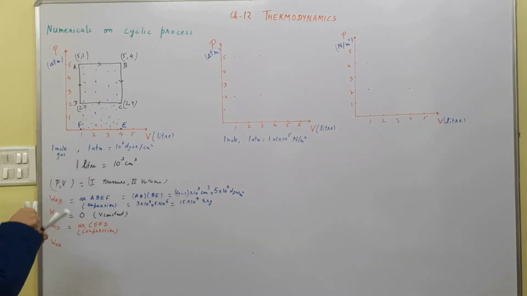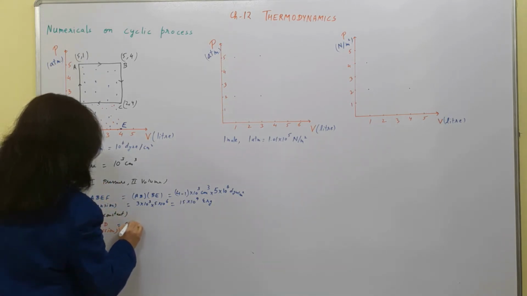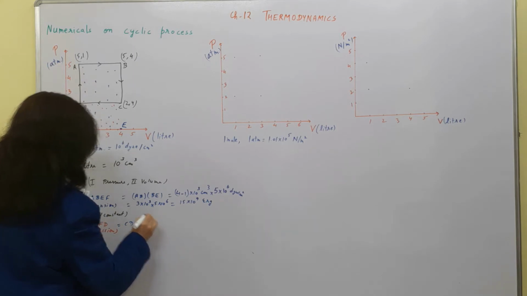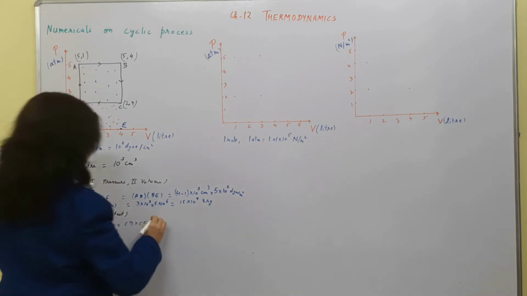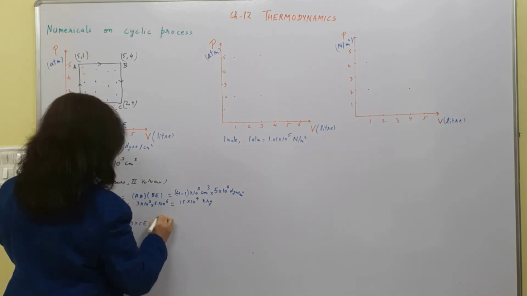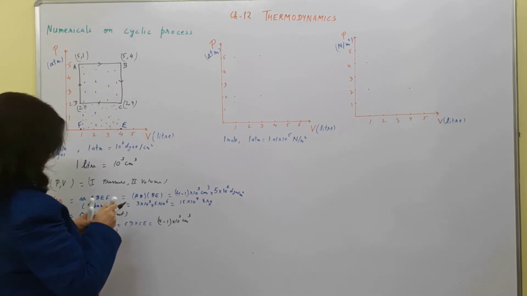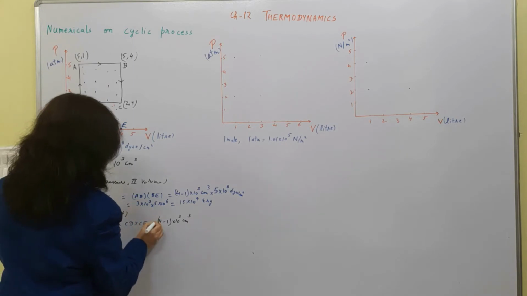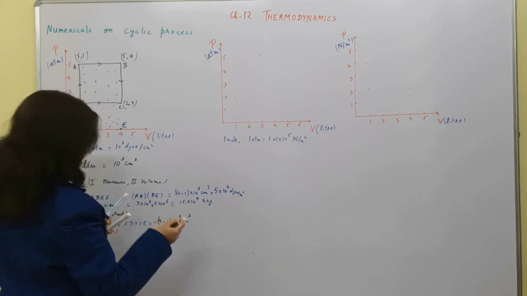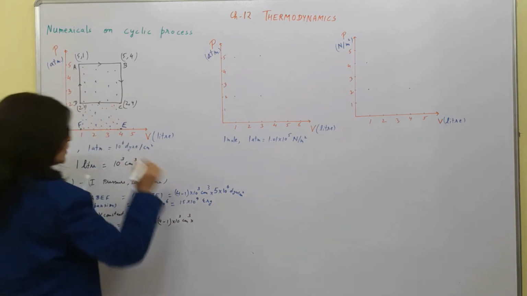So you can mention here that this will be equal to CD into CE. And CD is how much? Again 4 minus 1 into 10 to the power 3. This is in centimeter cube. Now this is compression, so we will have to write minus for this work done. Multiplied by this CE. CE is how much? 2 atmospheres.